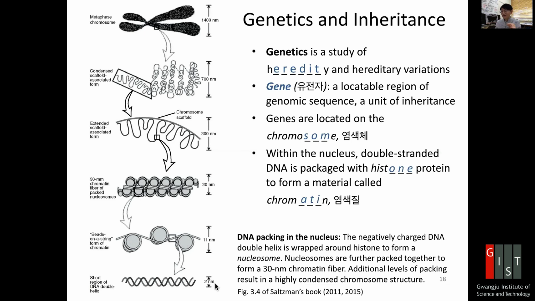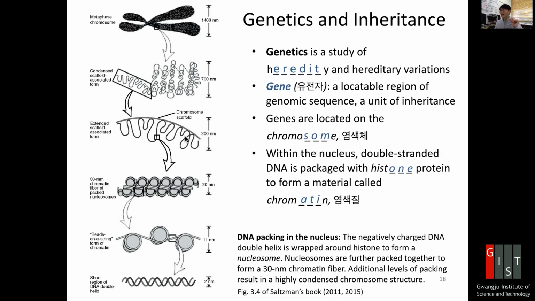Can you see this? This diameter is about 2 nanometer, and that's the DNA double helix actual size. And that's wrapping around a histone protein, and this packages into a nucleosome of about 30 nanometers, still far smaller.